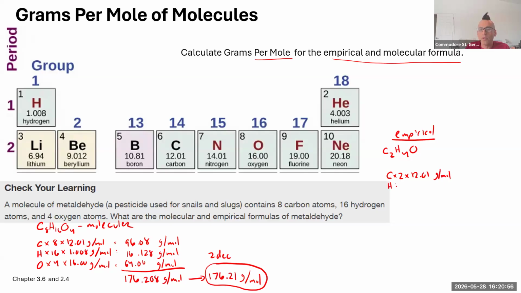We have hydrogen, there's four of them, 1.008 grams per mole. Oxygen times one, that's only 16 grams per mole. Let's do the math. 24.02 grams per mole. 4.032 grams per mole.